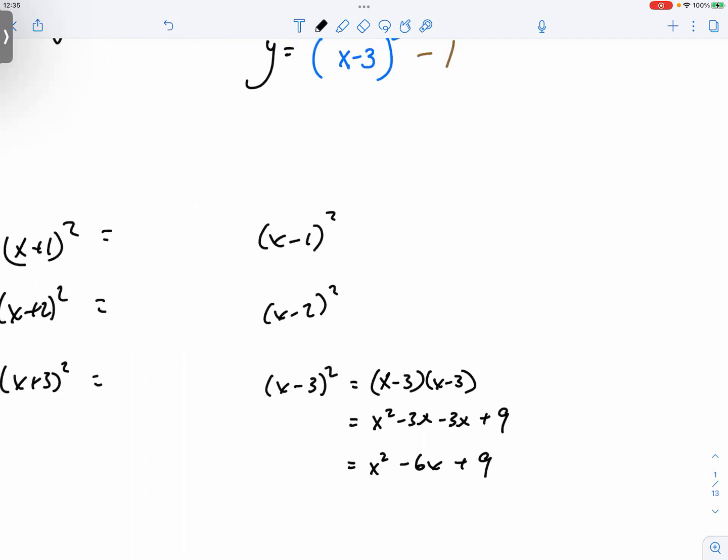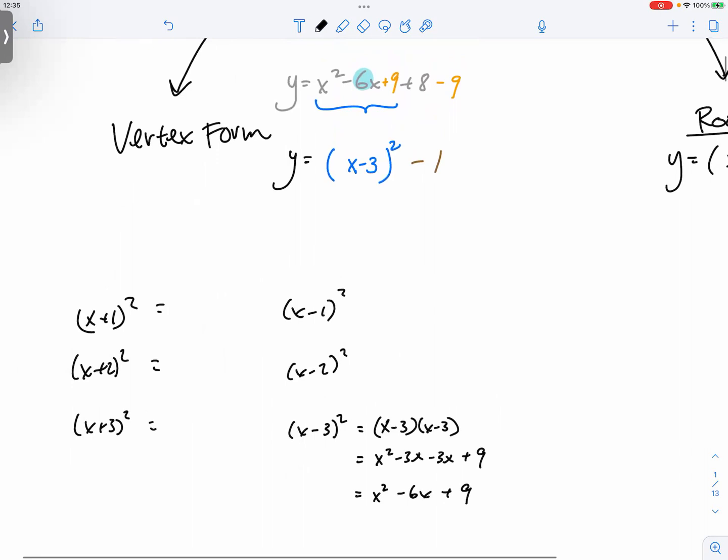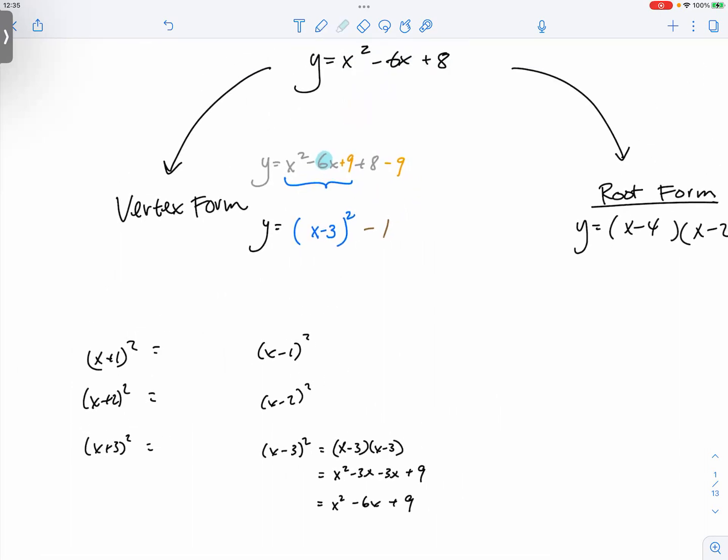So if you take a look at the original equation, we've got this part right here. And what are we lacking? The 9. So if we have the 9 here, then it is equivalent to (x minus 3) squared.